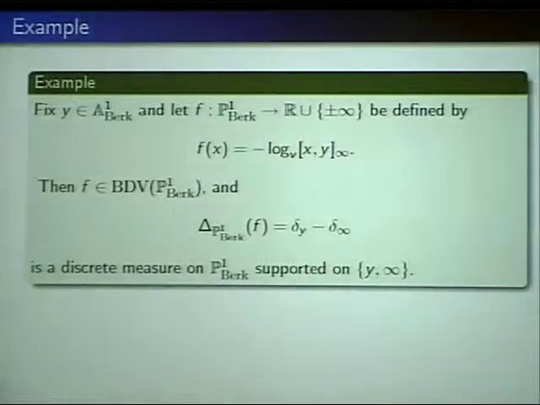Oh sorry, did I say that backwards? Yeah, I said that backwards. So at y, you have the minus log of the distance from y to y. So if y is a type 1 point, say, that's plus infinity. This function would be plus infinity there. And at infinity, it's going to be minus infinity. So you have singularities at y and at infinity if y is a type 1 point.